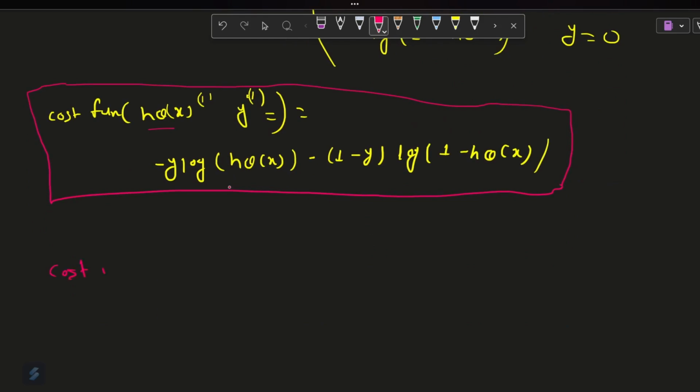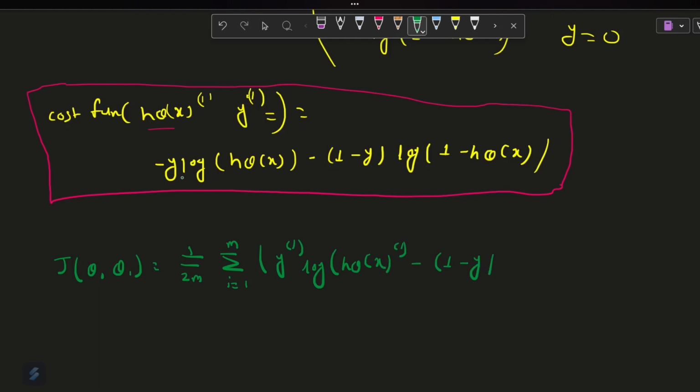The cost function with respect to theta 0 and theta 1 is nothing but 1 by 2m, summation from i equals 1 to m, of y times log h theta of x, minus 1 minus y, times log of 1 minus h theta of x.